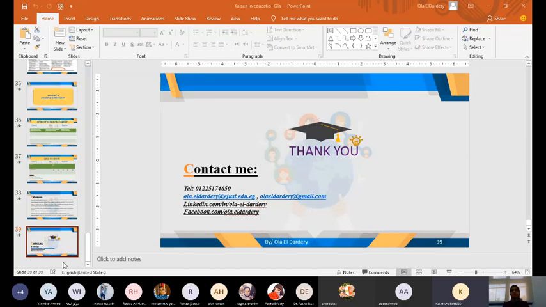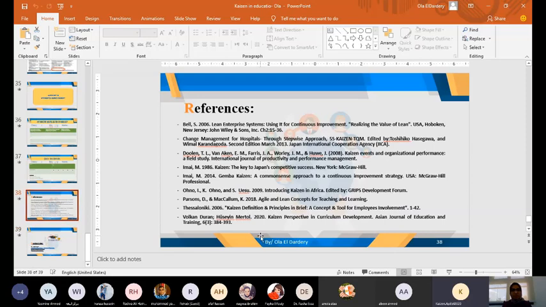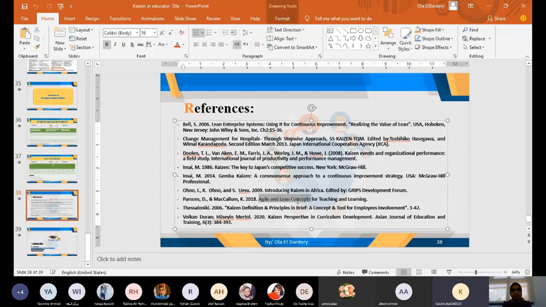I was wondering why we don't have a criteria like Six Sigma or Lean in educational organizations, but today I'm very happy to know about Kaizen, and we can use Kaizen to improve and enhance our educational organizations. So it was very good news for me today.